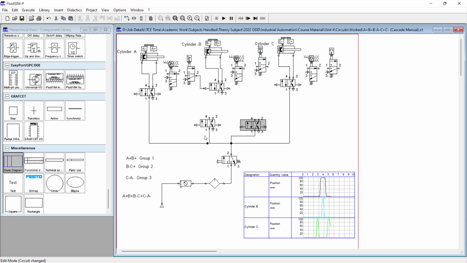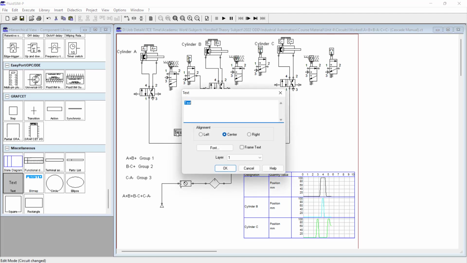All the DCVs will be connected to the main power source, and the pilot signal is provided from the group changing valves. This is group changing valve 1, and this would be group changing valve 2. Just write it down to avoid confusion.